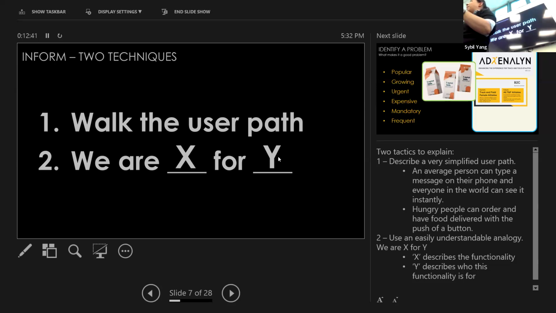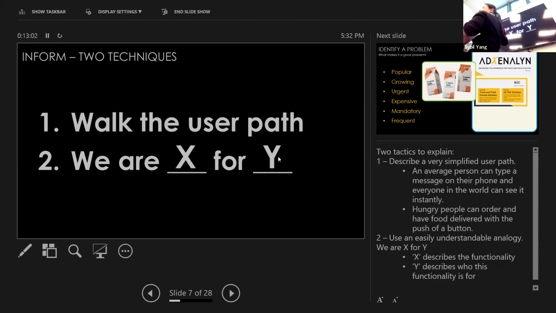You can imagine the function that Uber Eats serves, but specifically for campuses. Or I can say, I am the Airbnb for bicycles. And you get the idea. You can get a concept of what I'm doing.